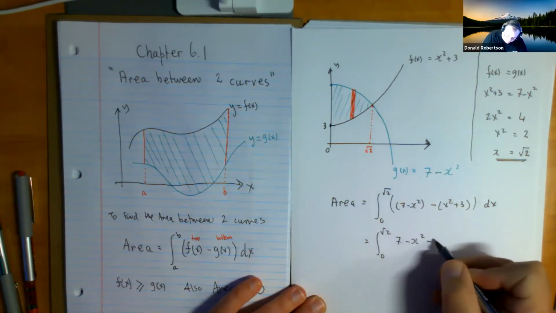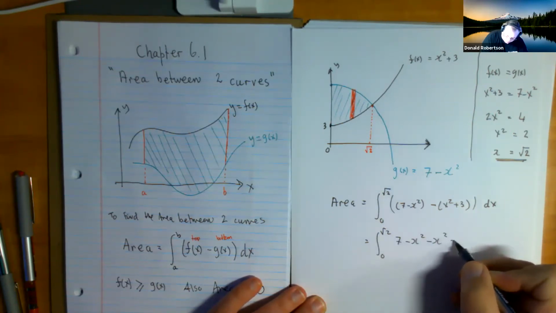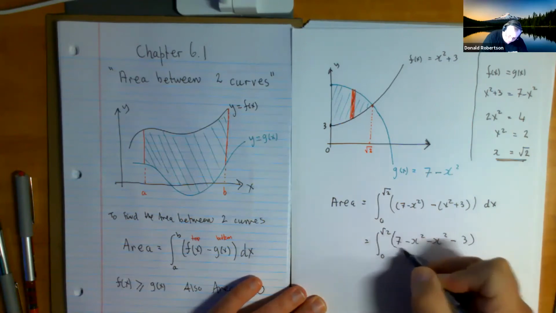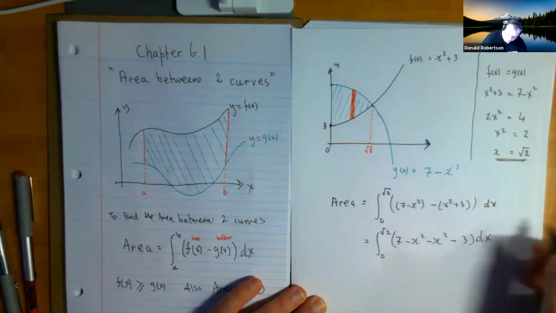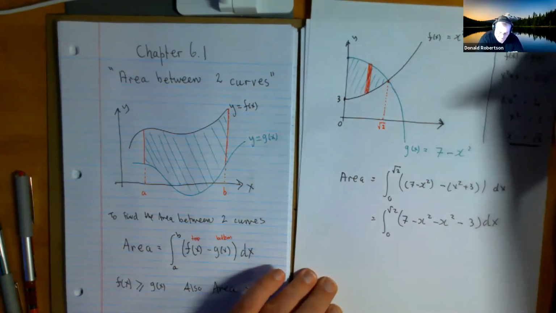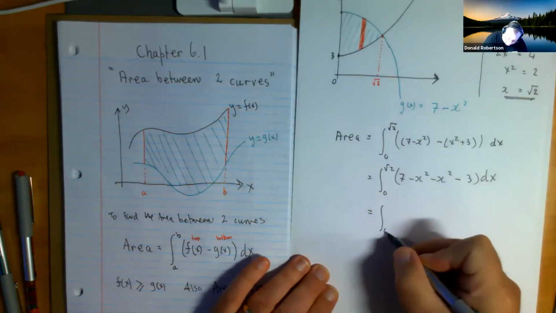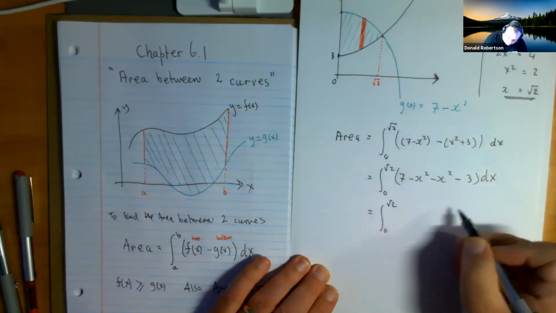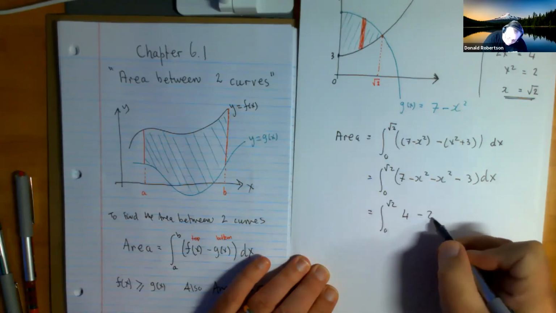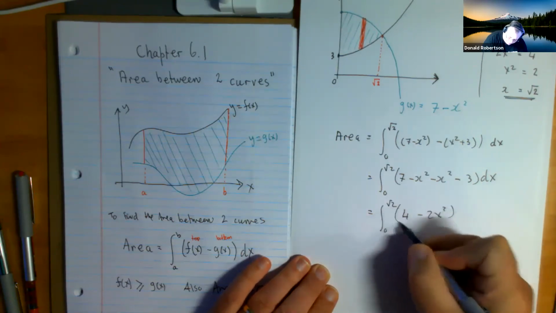7 take away an x squared, take away an x squared, take away a 3. That's going to be the integral from 0 to square root of 2 of 4 take away 2x squared.